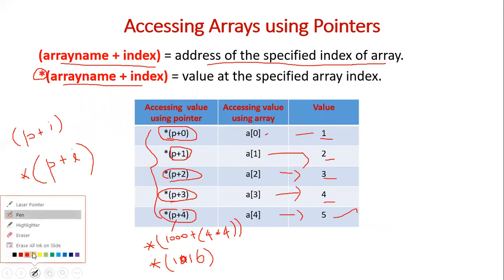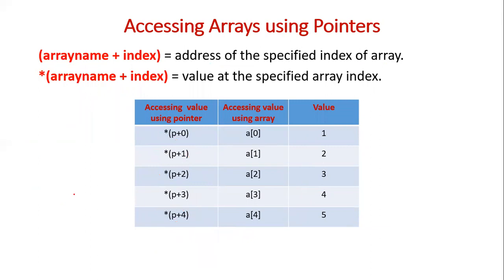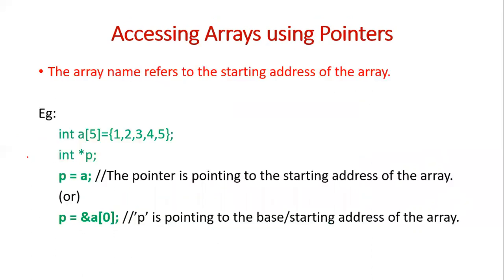So what are the things to summarize? First, you will have an array, some array int a or whatever it may be, and that will have some content in it. And then you should have a pointer variable, and the pointer should point to the base address or the starting address of the array. That can be done by the statement p is equal to a, or by the statement p is equal to ampersand a.